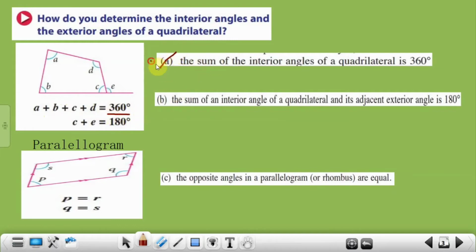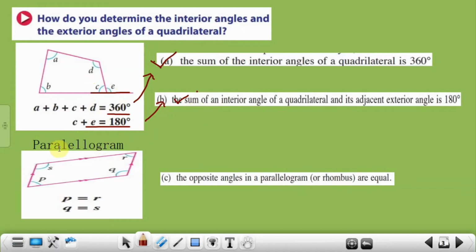This is the first one. Okay, next, this is an interior angle, and E is the exterior angle of this quadrilateral. So, C and E lie on a straight line. So, the summation of C and E is equal to 180 degrees.